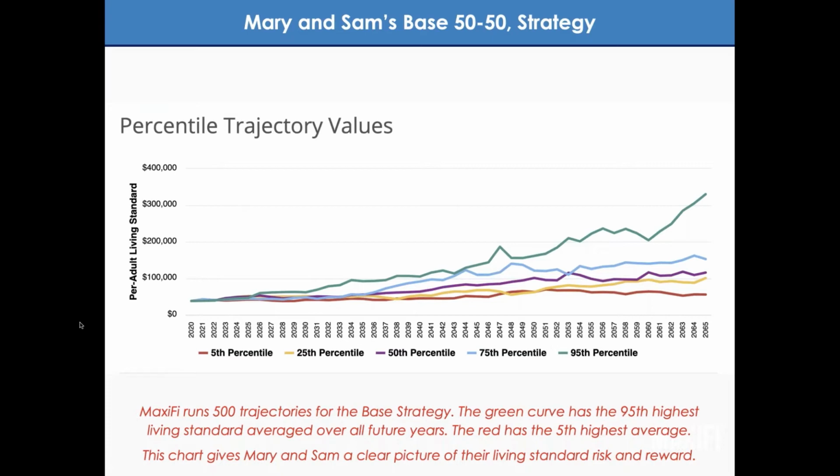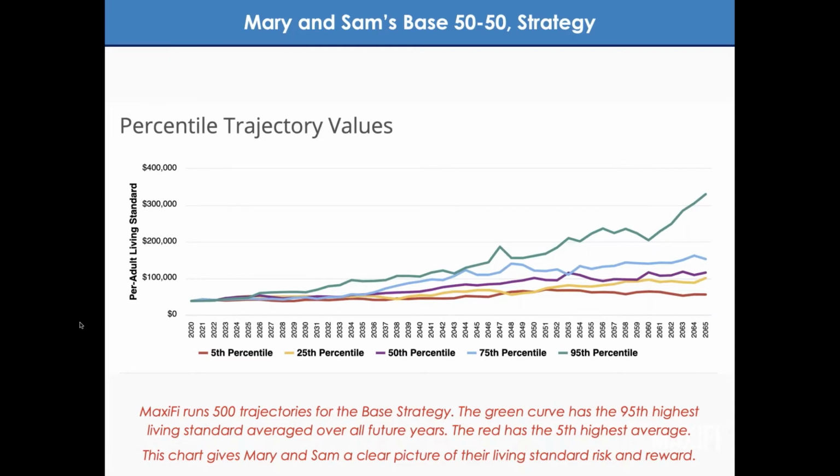What that means is, across all the years from their mid-50s to age 100, which is their maximum age of life, if we take the average of their living standard, this green curve has the 95th highest average level across all 500 trajectories.